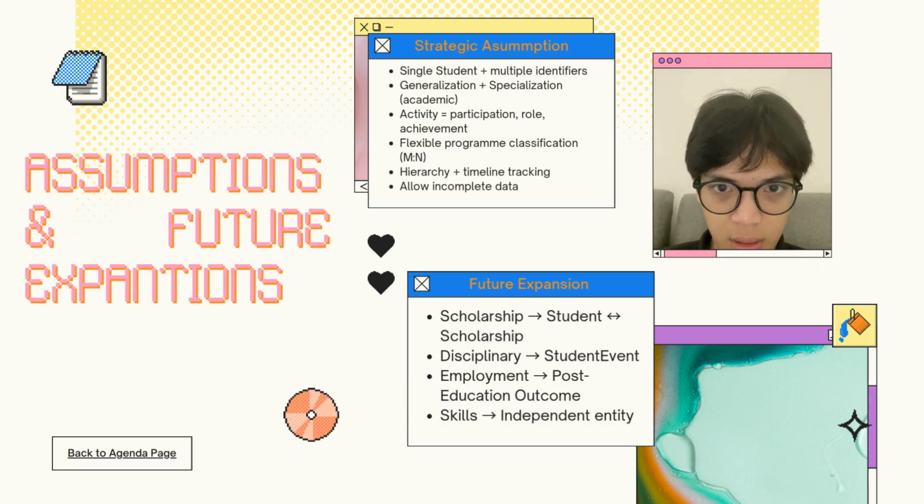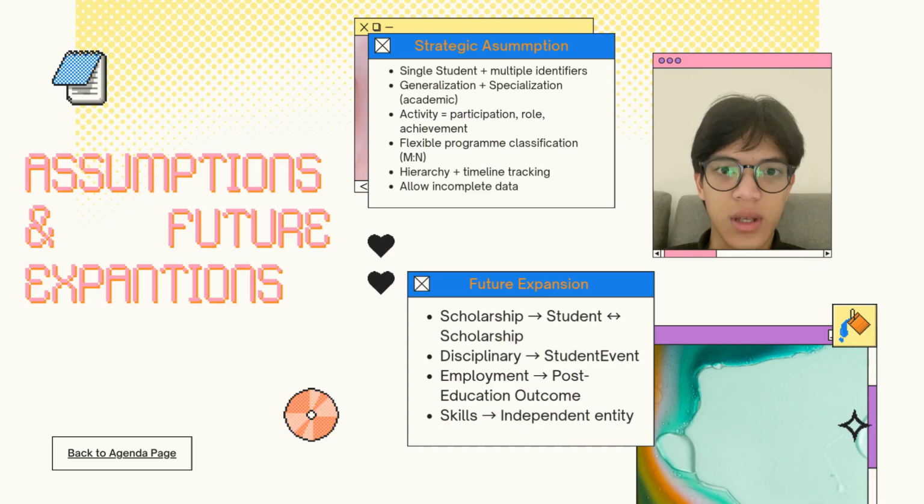For co-curricular data, participation, roles, and achievements are treated as separate but related components to avoid oversimplification. I also assume that programs can belong to multiple categories due to classification ambiguity, and that the system must support hierarchical relationships and timeline tracking to reflect progression. Additionally, incomplete data is allowed to handle real-world inconsistencies.